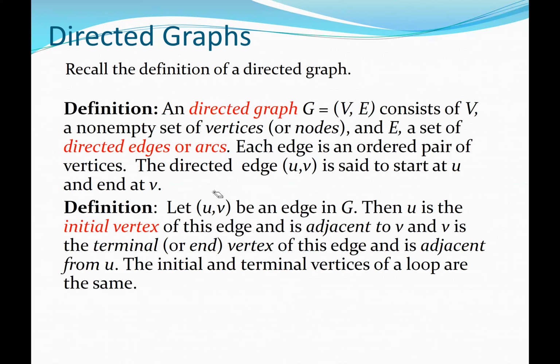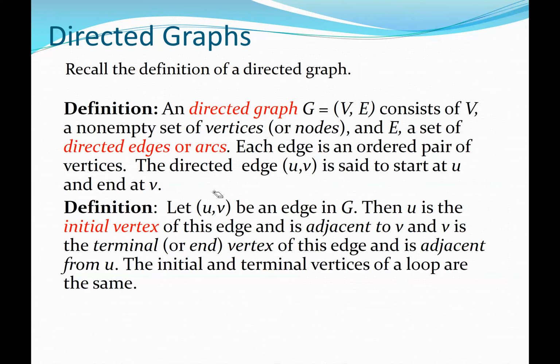When you have an undirected graph and you talk about adjacent, you just say, okay, if they are connected, then they are adjacent. It doesn't really mention which one to start with, right? But a directed graph is a different thing. It has to have a starting point and an end point. Suppose that we have (u, v).